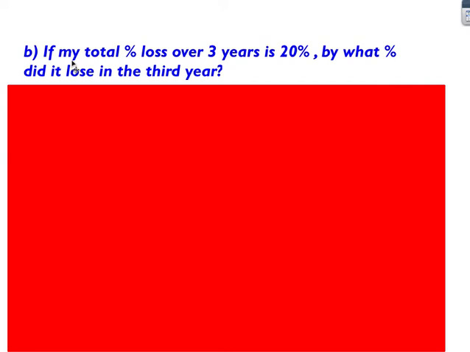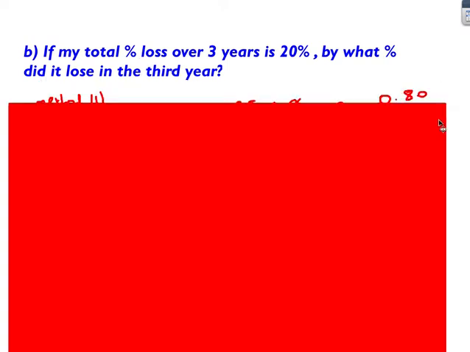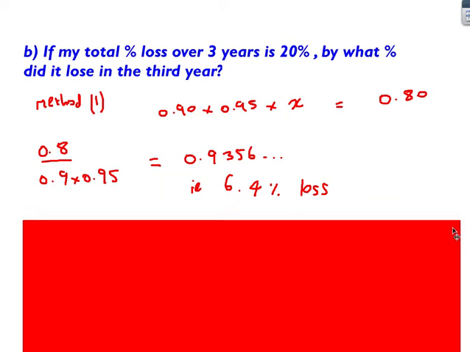And then here's another one following on from the previous question. My total percentage loss over 3 years is 20%. By what percentage did it lose in the third year? Okay, so method number one, we're going to do it without numbers. So basically 0.90, that was a loss of 10%. 0.95, that was a loss of 5%. And then something here, which we don't know what is, that's my loss over the 3rd year. Now, the cumulative loss was 20%, and a loss of 20% is 0.80.